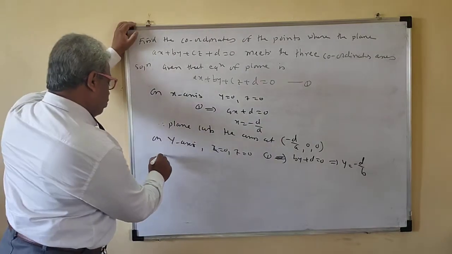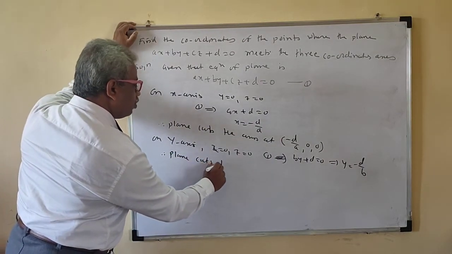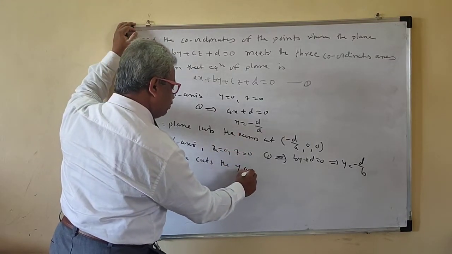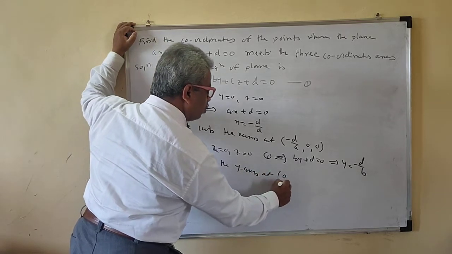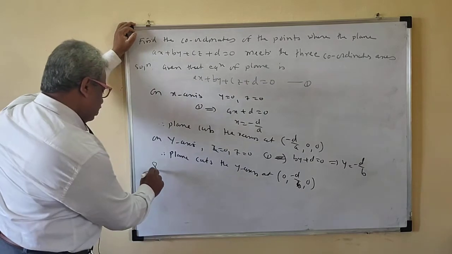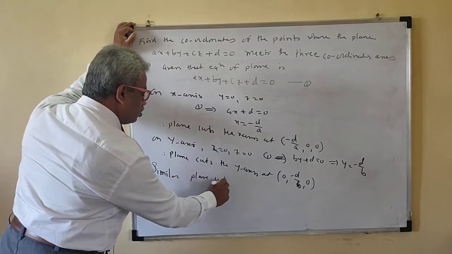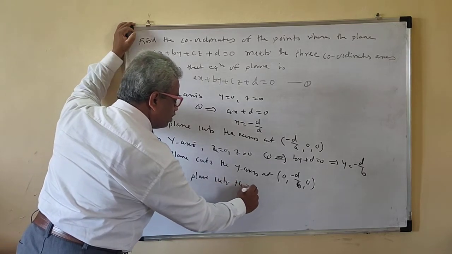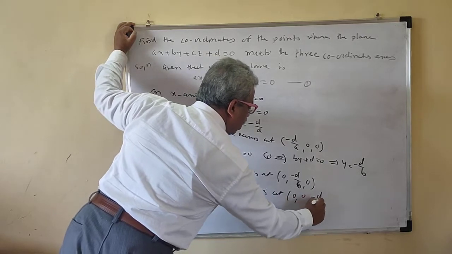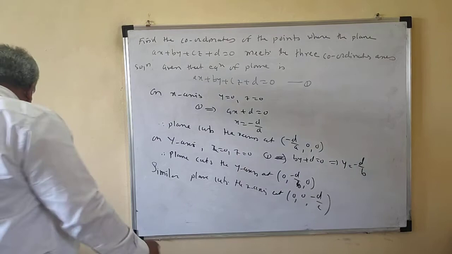So the plane cuts the y-axis at 0, minus d upon b, 0. Similarly, the plane cuts the z-axis at 0, 0, minus d upon c. Okay, so the problem is over.